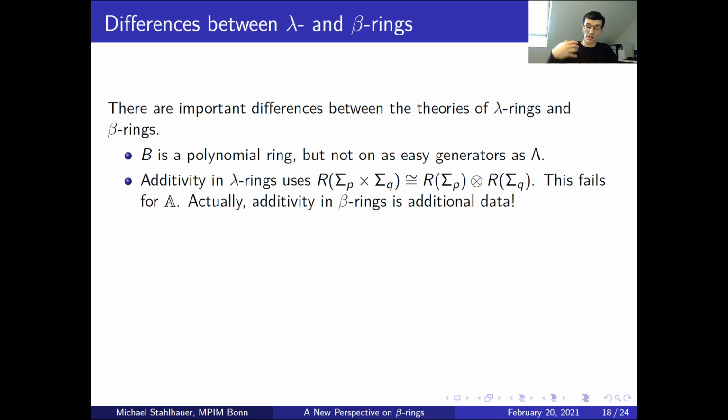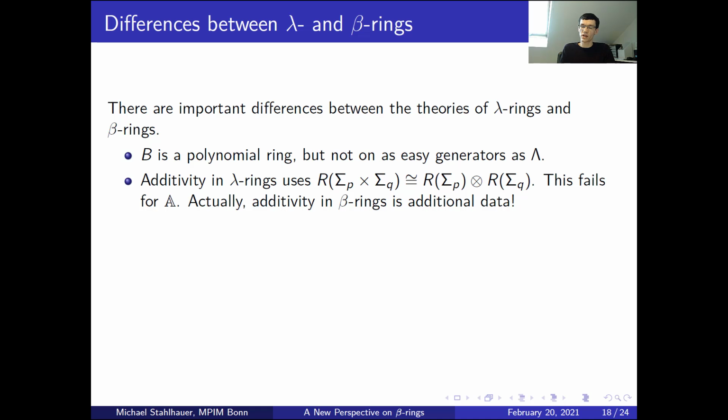And then I mentioned that additivity is extra data in beta rings, whereas in lambda rings it's just a relation. So this comes from the fact that in the representation ring, if I take the product of two symmetric groups, the representation ring is just a tensor product of two representation rings. What this uses is that we can really add elements in a vector space and in a Sigma n representation.